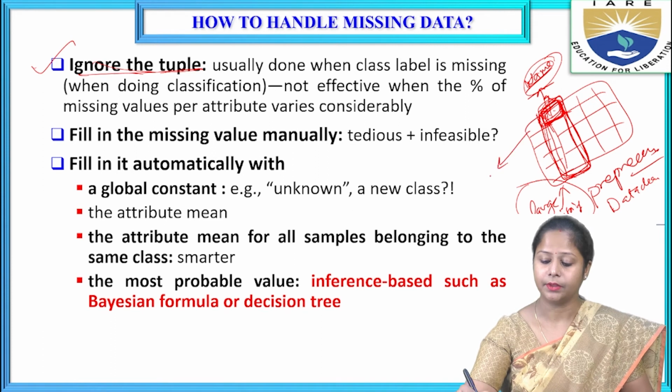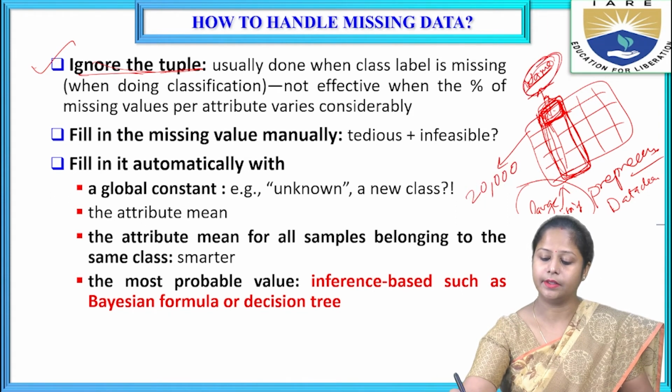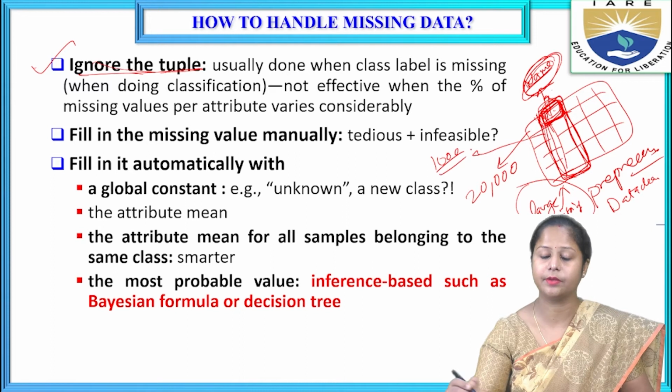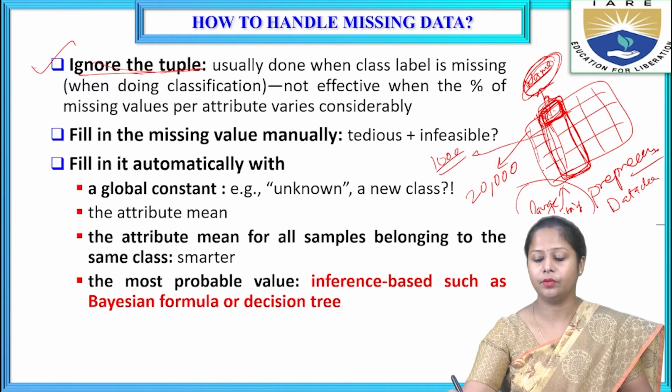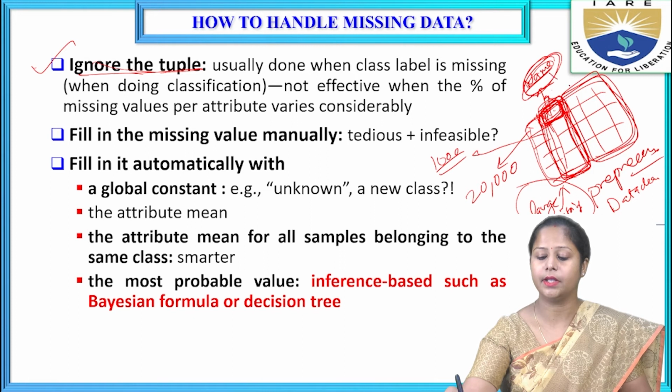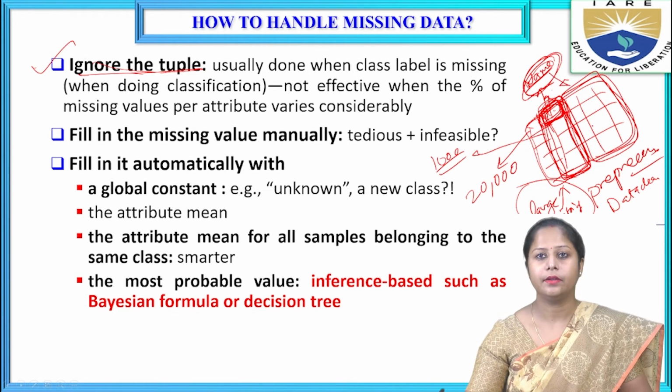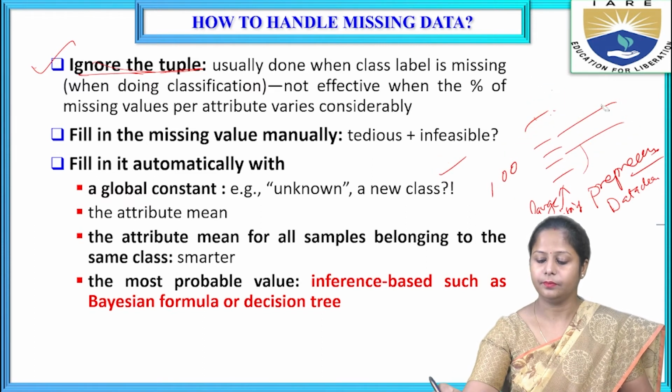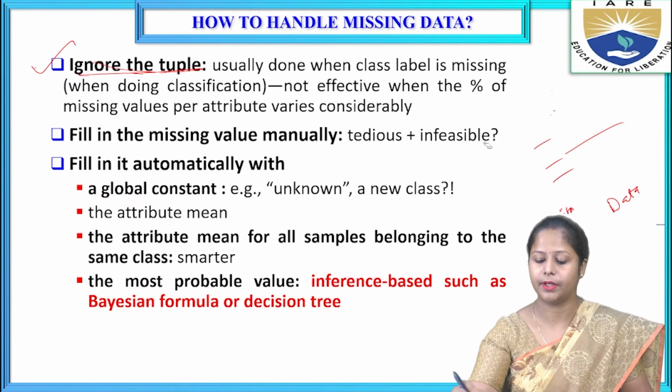For example, we have 20,000 records and we have missed that name label, say 1,000 missing values. So we have to ignore all those tuples. If we use that data without the name class label, that data will not be useful for our use.